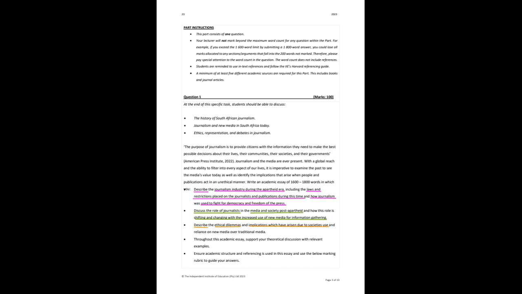So make sure that you're not only looking at social media, but you can look at how we are so critical of the media, and the problems that arise because of fake news, for example. You can bring in all that kind of stuff where you're talking about the negatives and the problems that have arisen due to our reliance on and use of digital media over everything else.